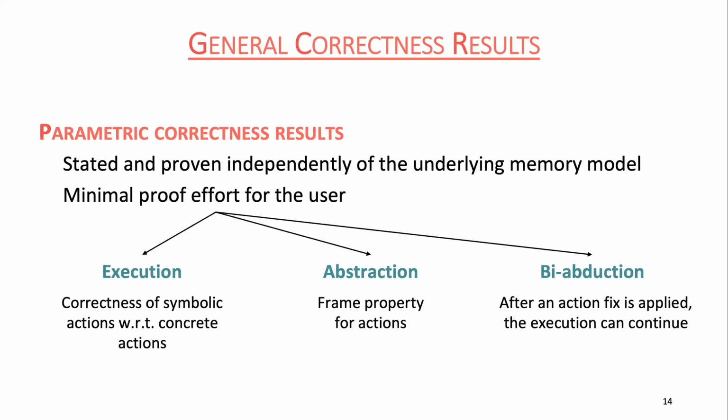But if you are interested, then what you have to do is, at the level of the basic actions, show the correctness of the symbolic actions with respect to the concrete actions. At the level of abstraction, you have to know that your frame property is working. At the level of bi-abduction, your fixes make sense. And then we have the general correctness results.